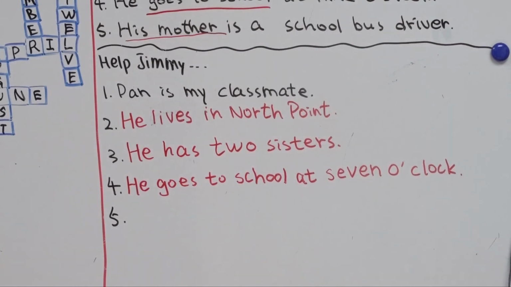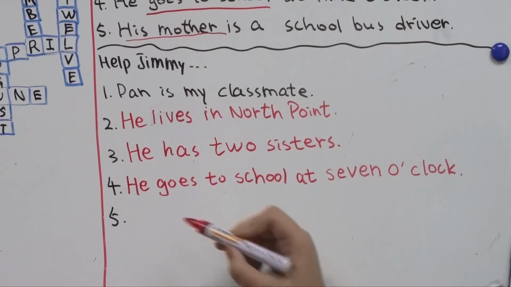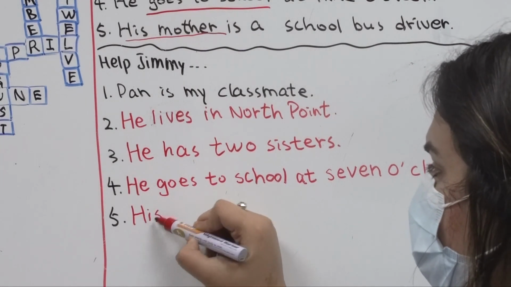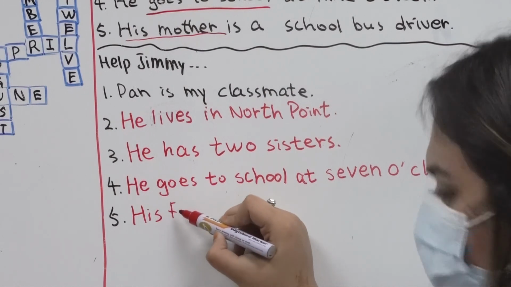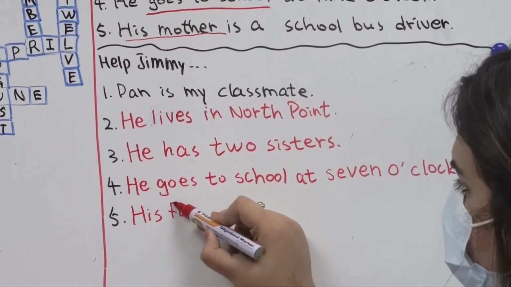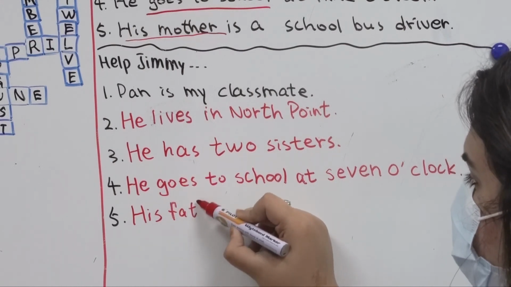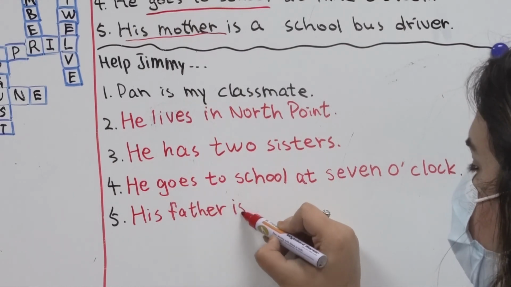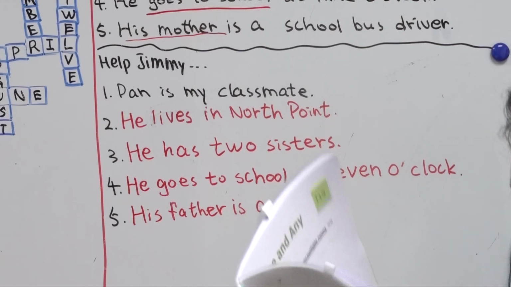Alright. Number 5. In the picture, who can you see? Is that his mother? No, it's a man, right? So basically, you have to use his father instead, not his mother, okay? His father is... so what is his father's job?